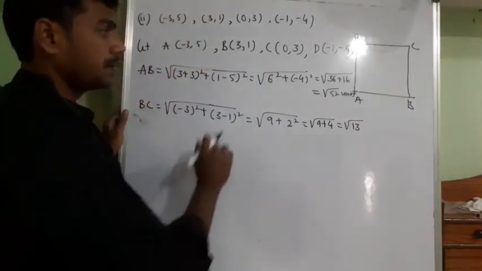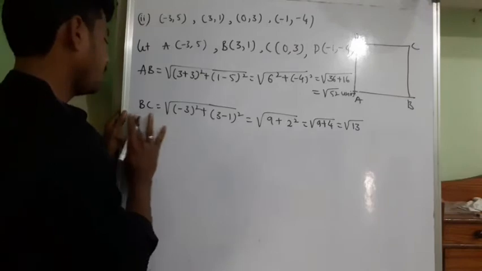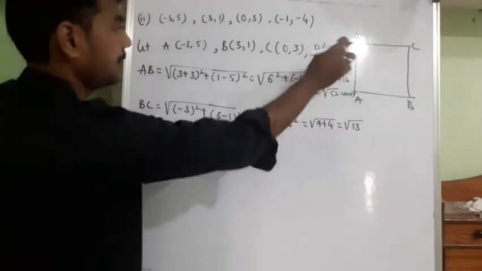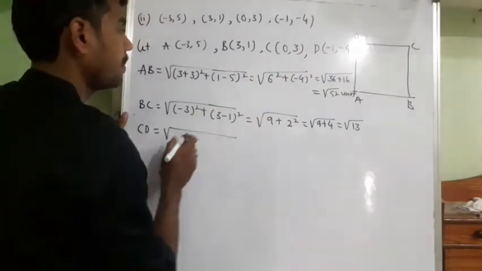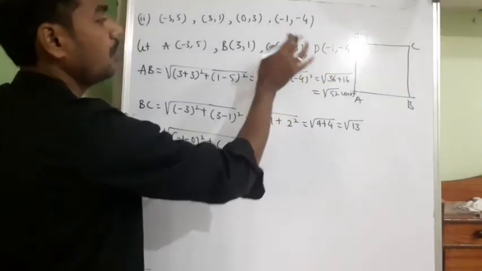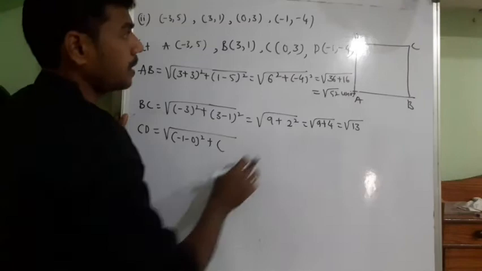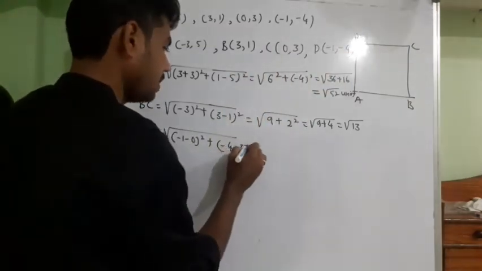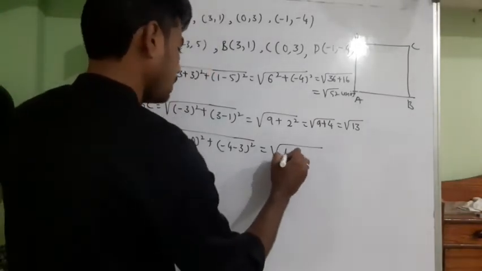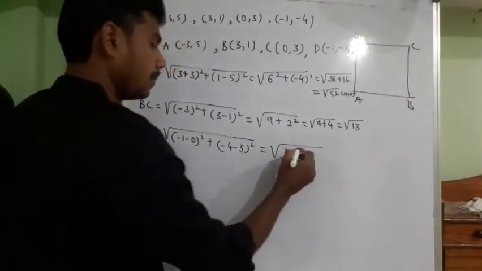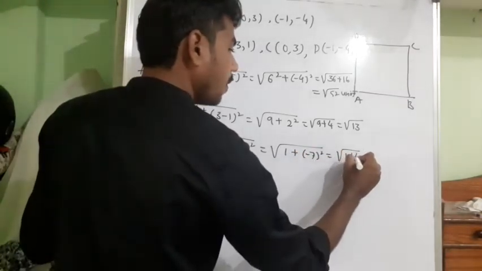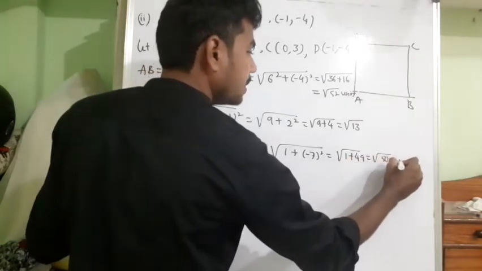After that, CD. Minus 1 minus 0 whole square plus minus 4 minus 3 whole square, which is 1 plus minus 7 square, which is 1 plus 49, which is root 50 units.